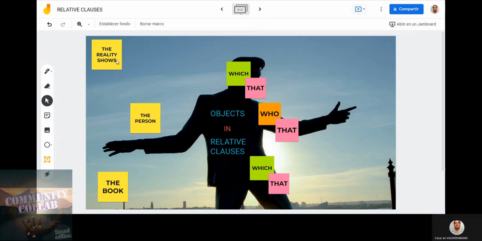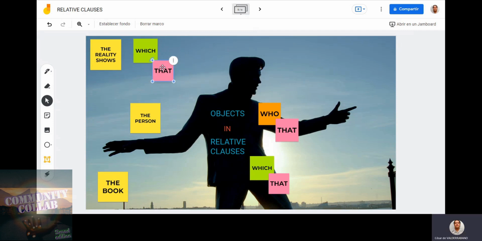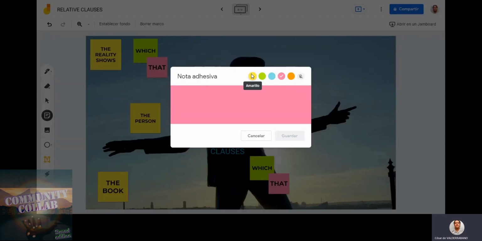To get started, we have the subject right here, this is the first one: the reality shows. We can put this clause, which we can use that. Then we need to complete the idea with the verb, because this sentence doesn't have a verb yet.